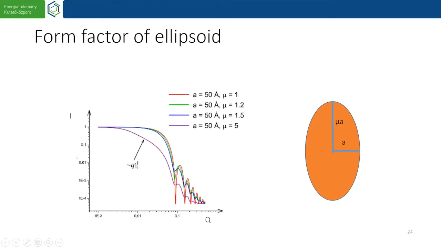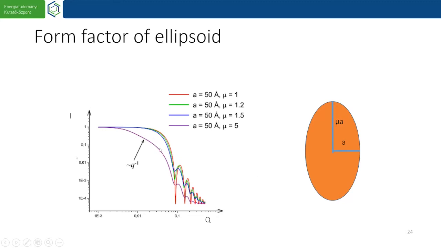In particular, it will have a decay with intensity proportional to Q to the power of -1. So if we see a part of the scattering curve which is nearly straight in a logarithmic plot, and the slope is -1, then we know that we have some long objects in this sample.